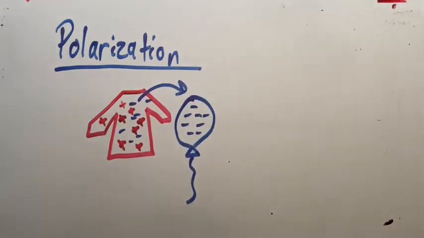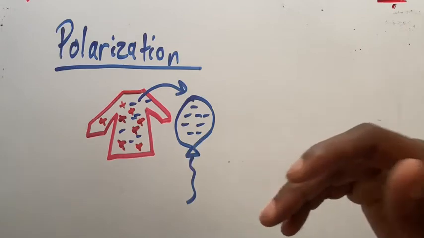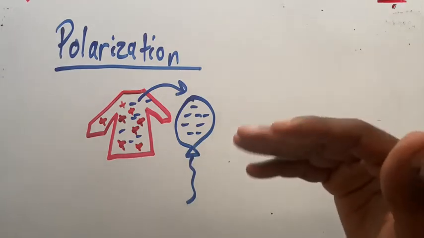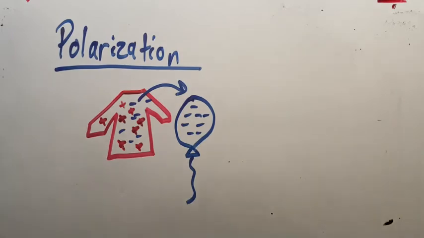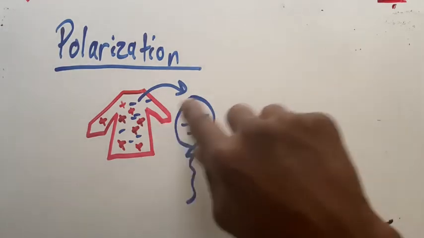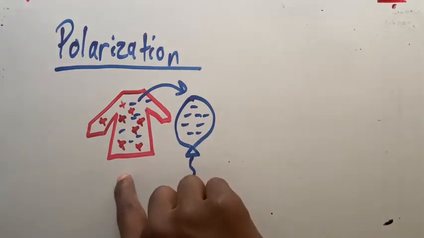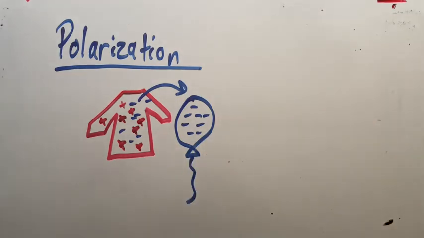So if you lose electrons, you become more positive, right? But if you gain electrons, you become more negative. So since the balloon gained electrons, it became more negative. And since the shirt lost electrons, it became more positive.